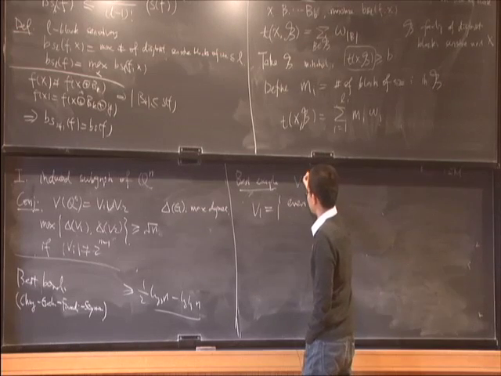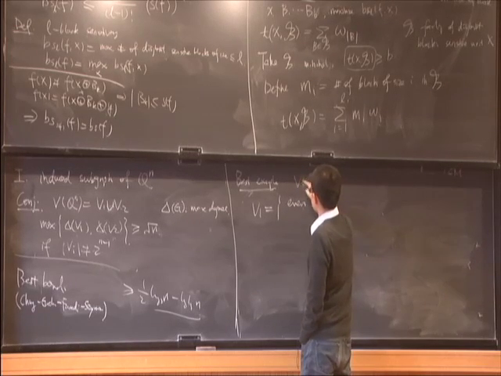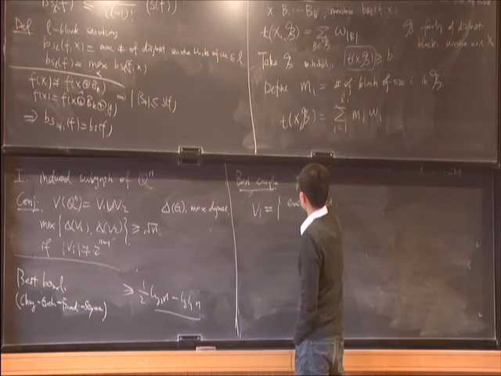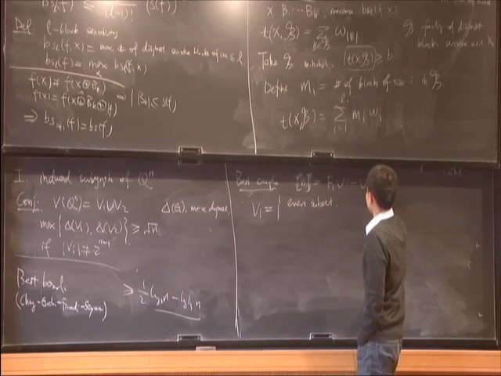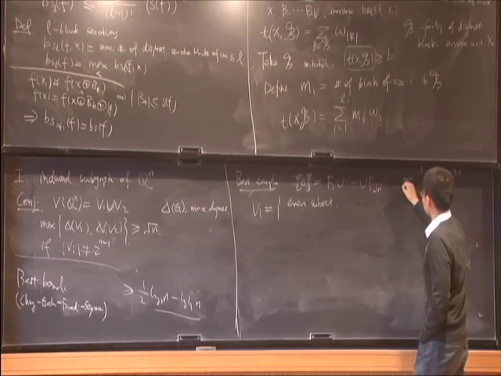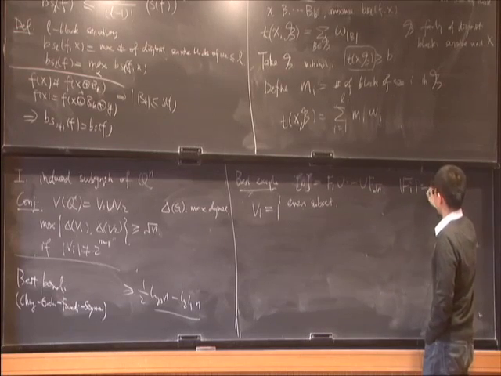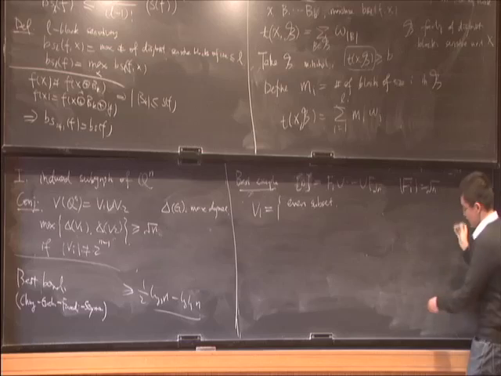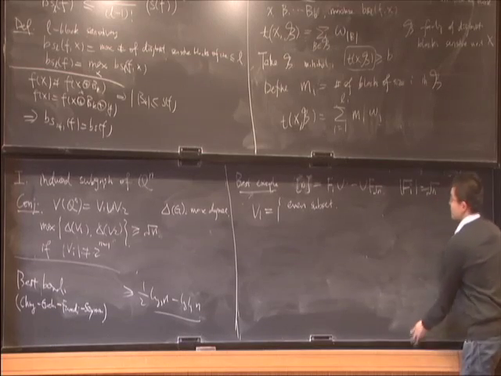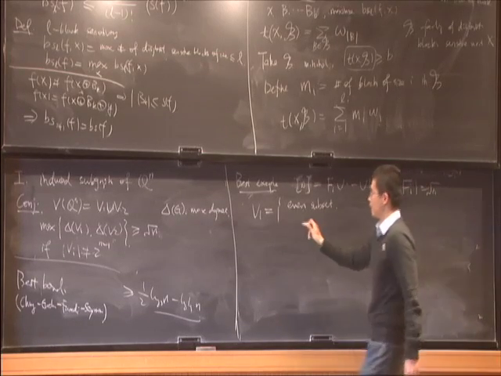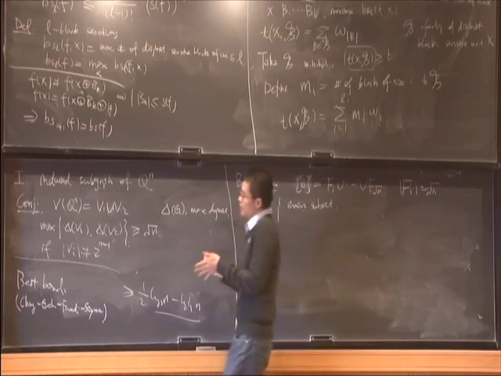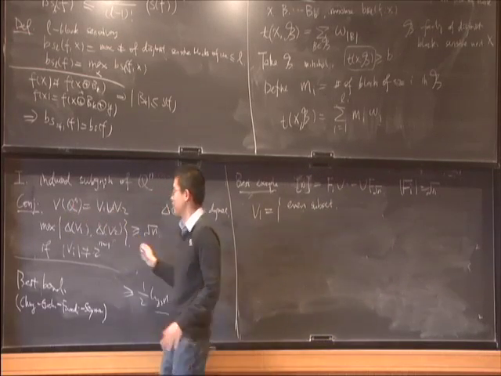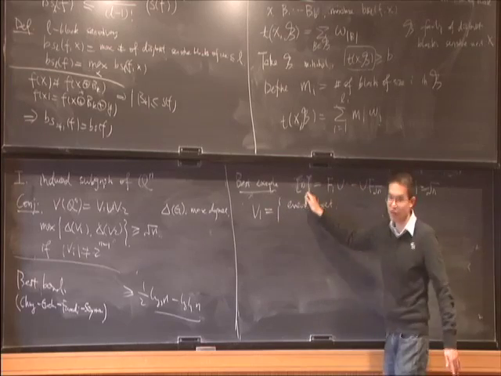So first, I need to partition the coordinates into F1 union F2 union up to F root n, where each Fi has size root n. Here I assume n is a perfect square; it doesn't really matter. So think of the vertices in the hypercube as subsets of 1 to n.